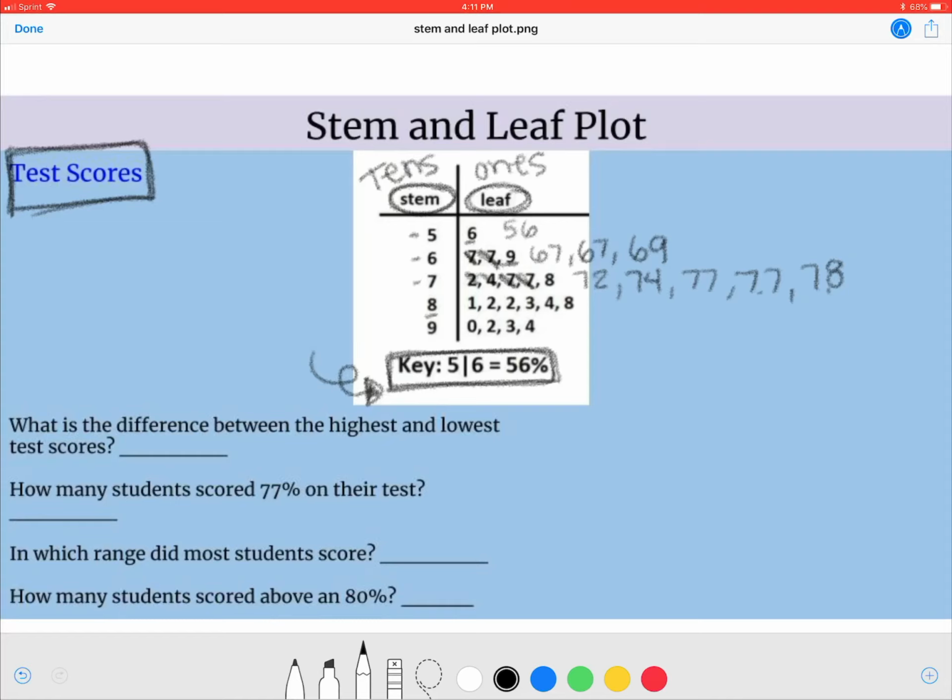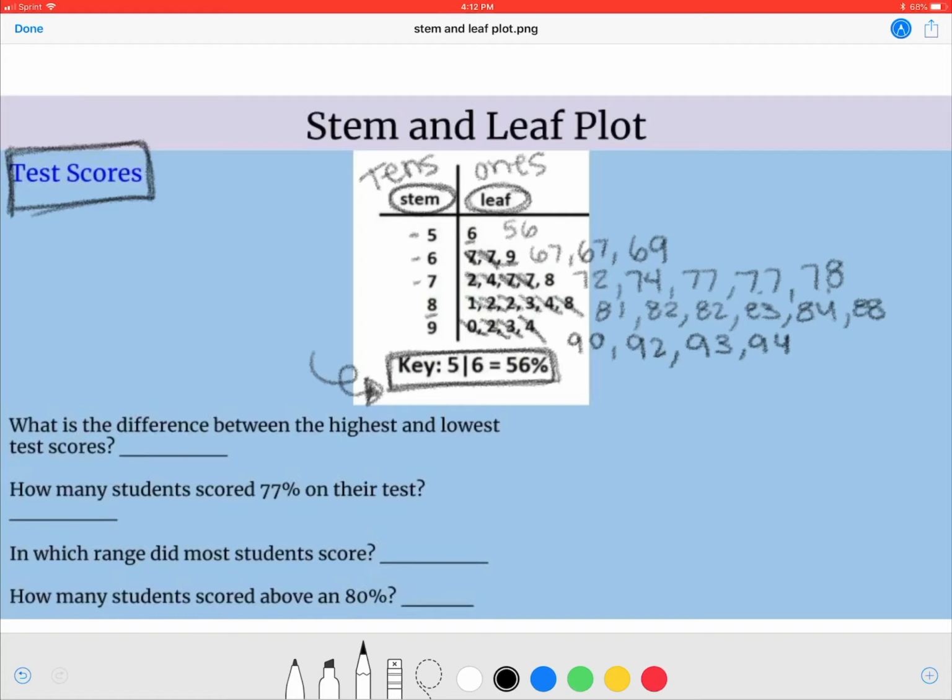Let's do the 80s, and I'm going to go a little bit faster. I have an 8 in my tens, a 1 in my ones, 82, 82, 83, 84, 88. So I made sure that I recorded all of the scores for the 80s, and now the 90s. 9 in my tens, 0 in my ones, 92, 93, 94.